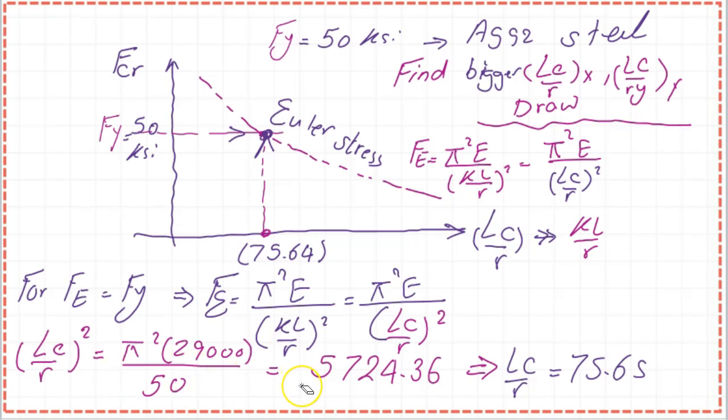We get that (Lc over r) squared equals 5,724.36. When we take the square root of both sides, we get Lc over r equal to 75.65. So it means that when we have Fy of 50, we find that Lc over r equals 75.65.